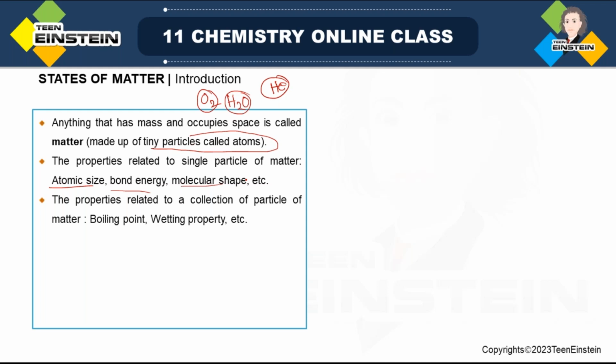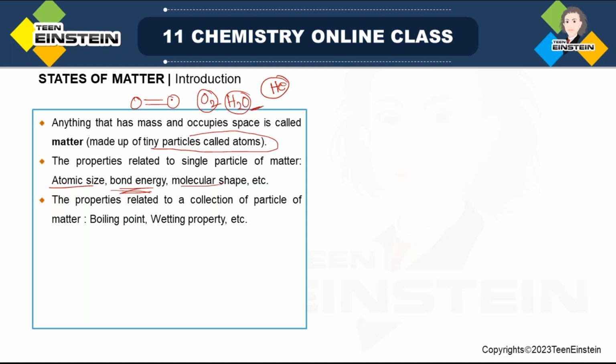Or when you say atomic size, or in the case of a molecule, you can also consider an overall size, but that is only for a single molecule or single atom. Or when you consider bond energy, that is the energy required to break the bond present between two atoms. If you take oxygen, there are two bonds present between the two oxygen atoms, so to break this there is some requirement of energy. That is bond energy, but this is also related to a single particle. So this is one kind of property.